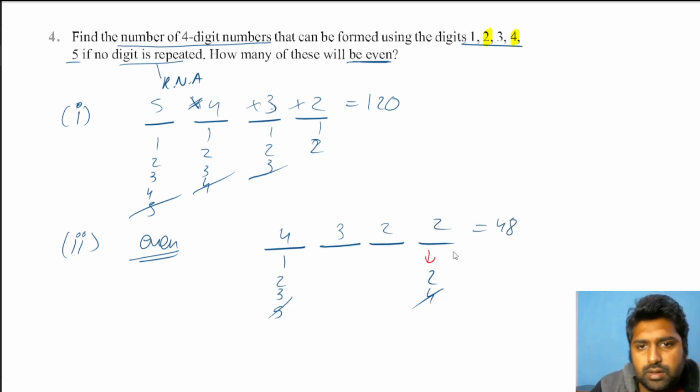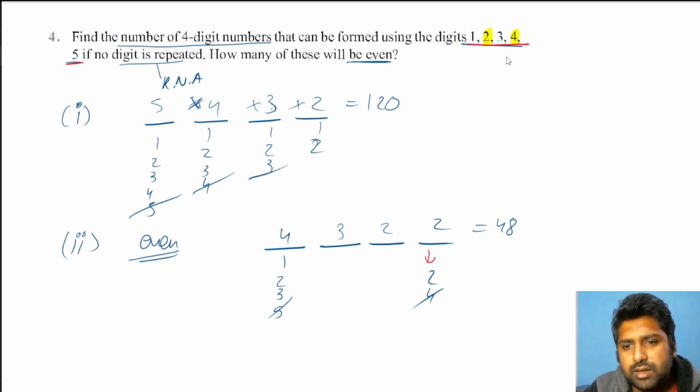Okay. You see, not 60 are odd and 60 are even. The reason is that the digits are 1, 2, 3, 4 and 5. As such, it has more odd digits, so it will have more odd numbers and fewer even numbers. If the digits were 1, 2, 3, 4, 5, 6, then half of them would be even, half of them odd.